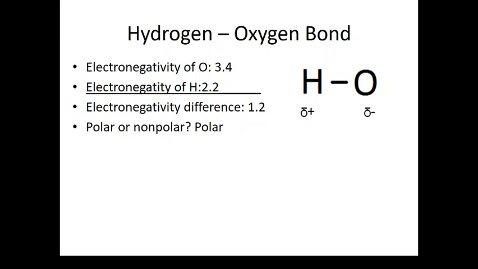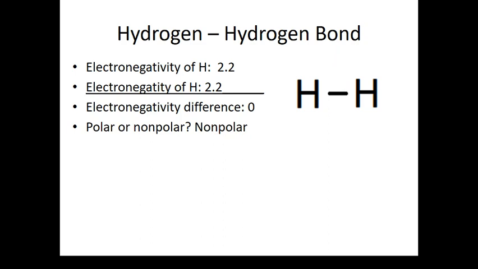Your next example in your notes is a hydrogen to hydrogen bond. We know that hydrogen has an electronegativity of 2.2. 2.2 minus 2.2 results in 0, therefore giving us a nonpolar covalent bond.